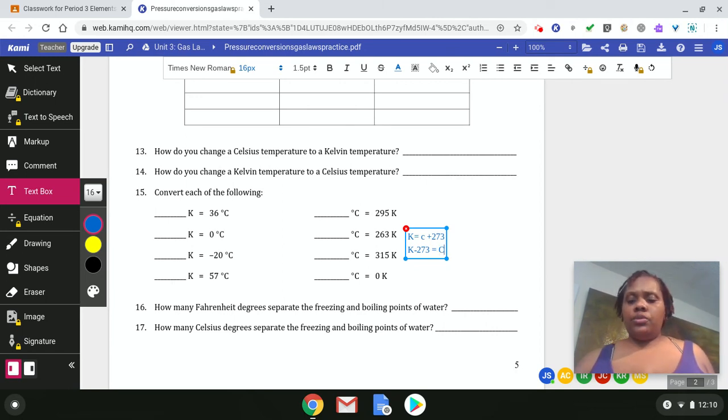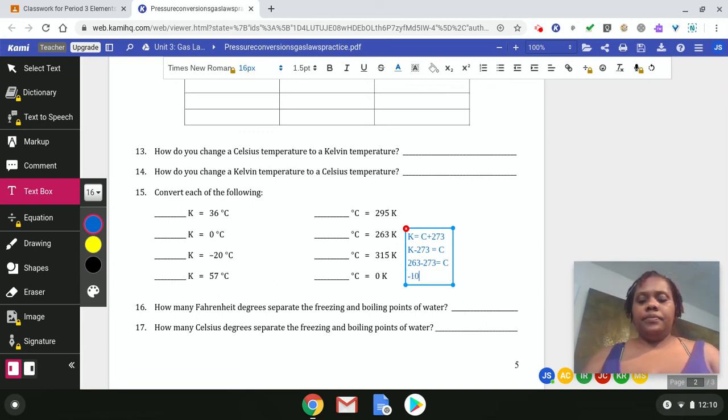So now what I'm going to do is plug in my numbers. K, which is 263, minus 273 is equal to my Celsius temperature, which gives me negative 10 is equal to C. Okay, so that's how you do the temperature problems. And hopefully you also understand how to do the pressure problems now.